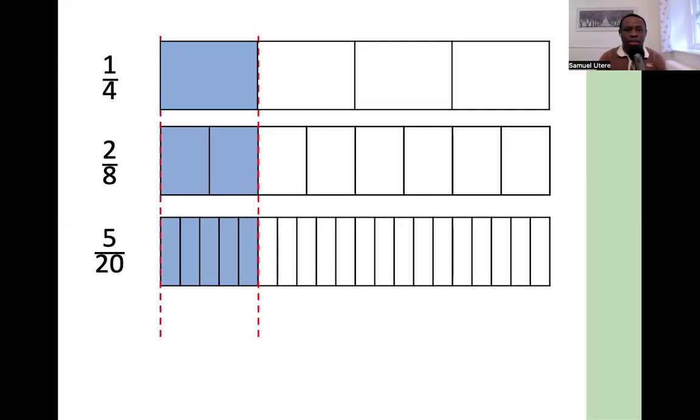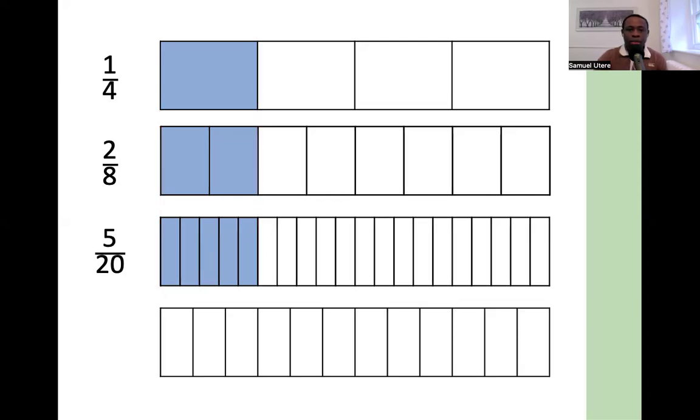Would we say that 5/20 is equivalent to 1/4 and 2/8? Yes, we can say that. And what about this one? If we shade these parts, we would have 3 parts shaded out of the 12 parts. Of course, we would say that 3/12 is also equivalent to the other fractions we see above.